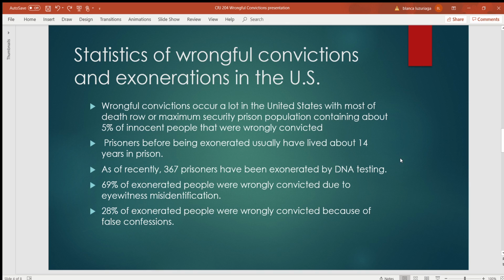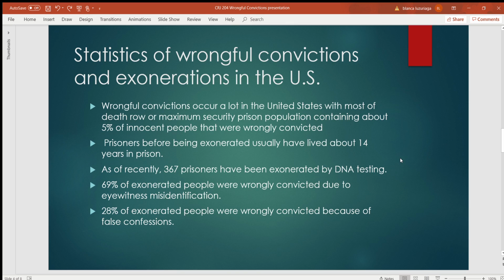Prisoners, before being exonerated, usually lived about 14 years in prison, which meant before they were proven innocent, they were living about 14 years in prison. Well, that's an average. Sometimes it varies depending on if their plea is actually heard by the courts to reopen their case, or if an independent firm wants to open the case again. It all depends on the time and what type of case it is.